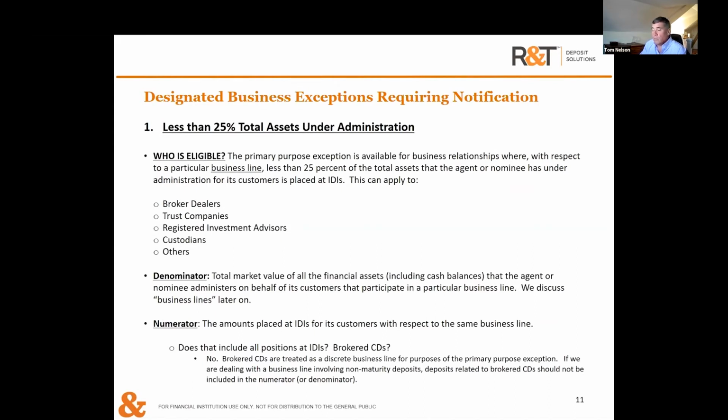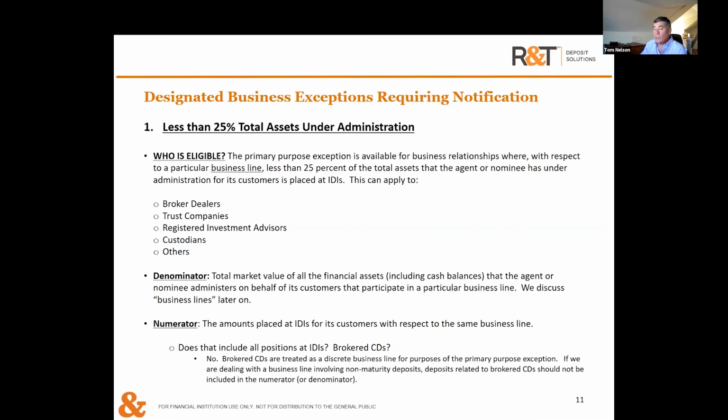This notion primarily impacts different types of asset custodians, whether that's a broker-dealer, a bank trust department, a trust company, a custodian, or in some cases a registered investment advisor, although usually a registered investment advisor would have their accounts held at one of the other entities.